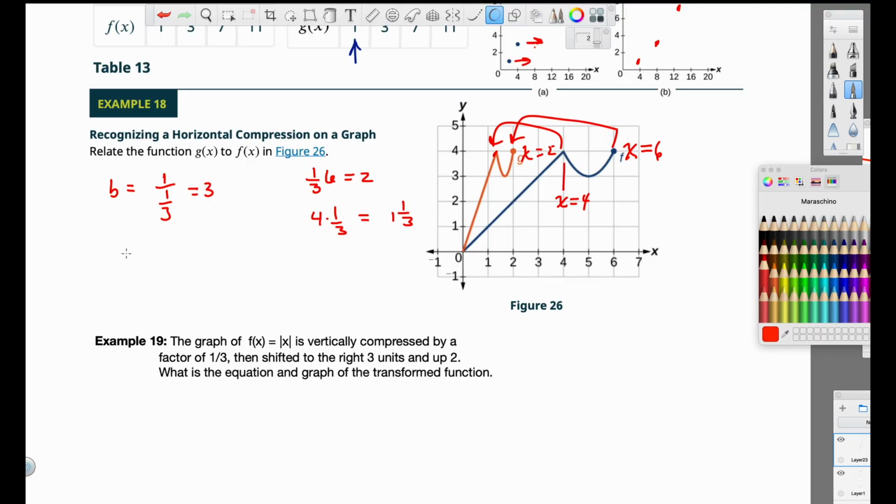So my new function g of x is going to be f of 3 times x. This is a factor of 1/3 because we take the reciprocal. Okay, that one is done.